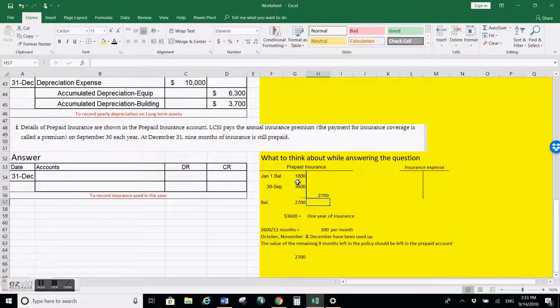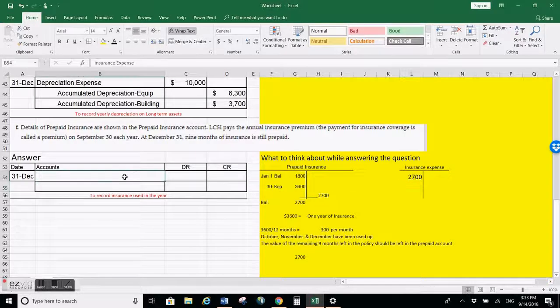If we take $2,700 worth of insurance out of this account, that's going to be the ending balance and the amount of insurance remaining to use in the future. That's the whole point of prepaid insurance. So if that's what needs to go out, it's going to go into insurance expense.